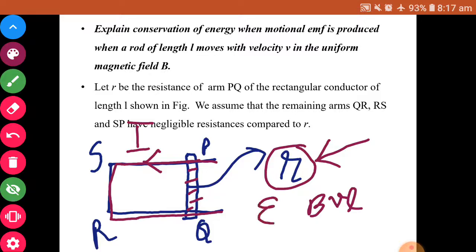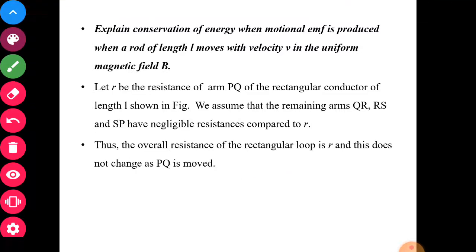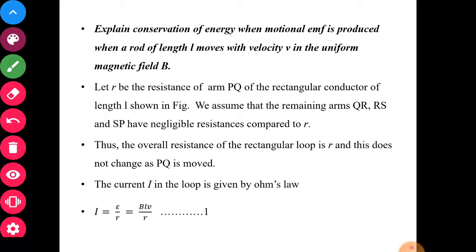Now, if you want to find the formula of the electric current, then by Ohm's law you can write I is equal to E upon R, that is BLV upon R. The resistance of the circuit is R because of the rod PQ only. The current is BLV upon R. It's very easy to understand.